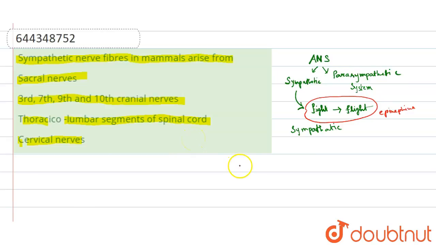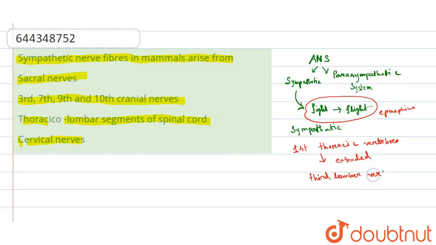The sympathetic nervous system begins from the first thoracic vertebra of the vertebral column and extends up to the lumbar regions, the third lumbar vertebra.